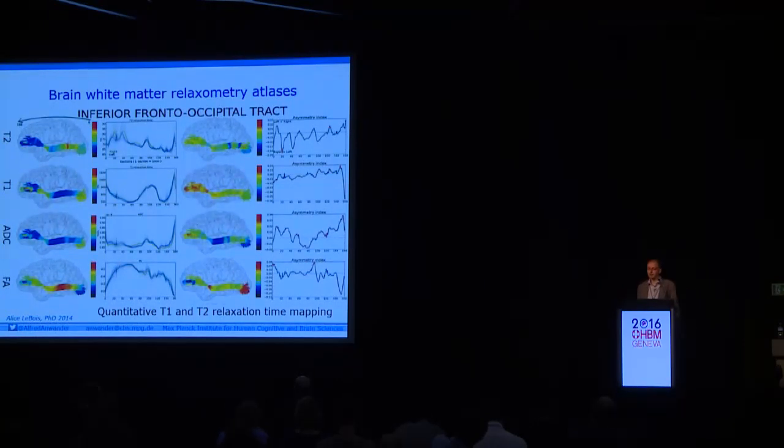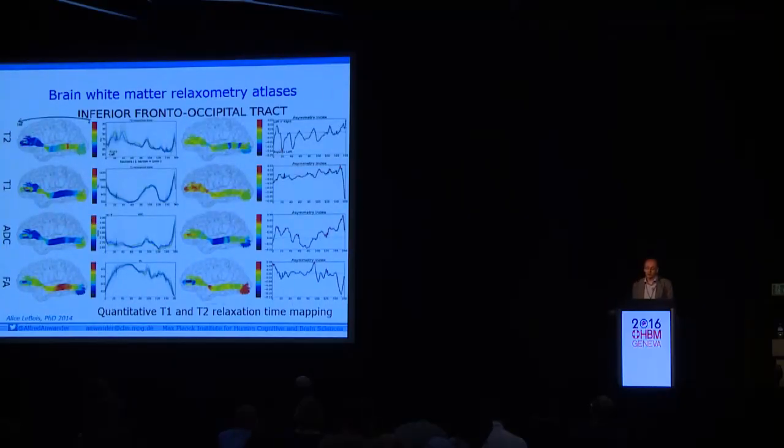And this might give us more relevant information than just the fiber count. So getting measures which really represent the microstructural properties. Of course, you can do something like FA, but we know FA has problems in crossing areas.